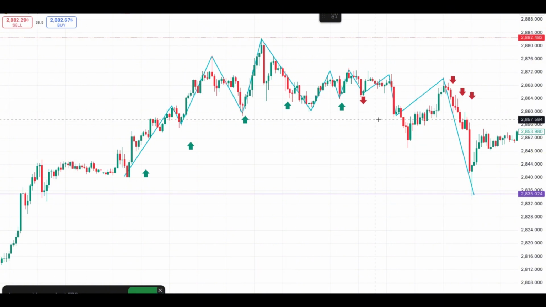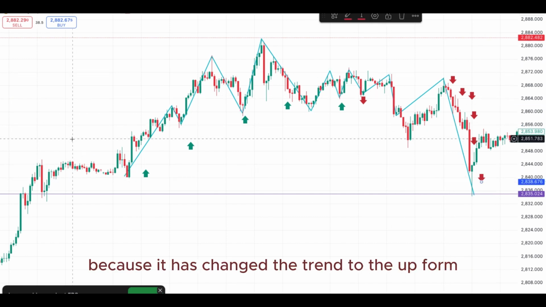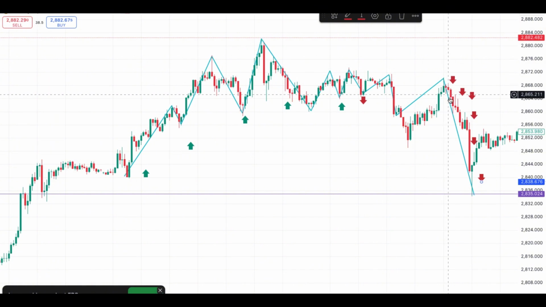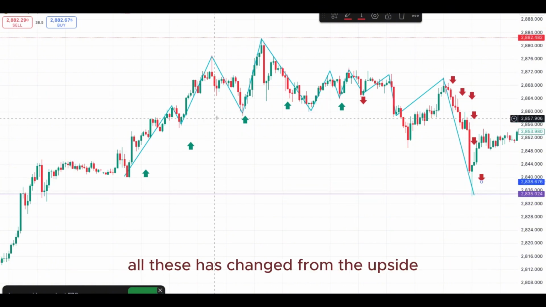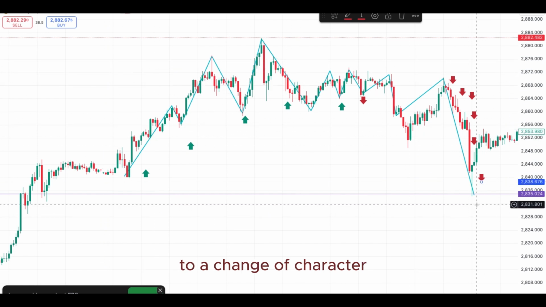This is a change of character because it has changed the trend from up to down, to where this horizontal line is. All of this has changed from the upside to a change of character.